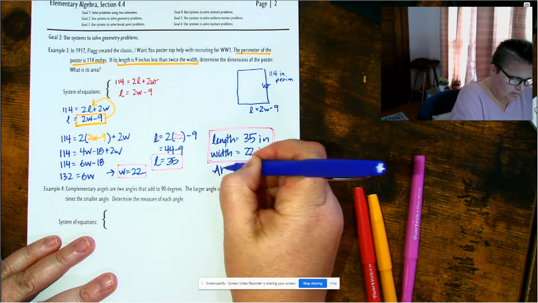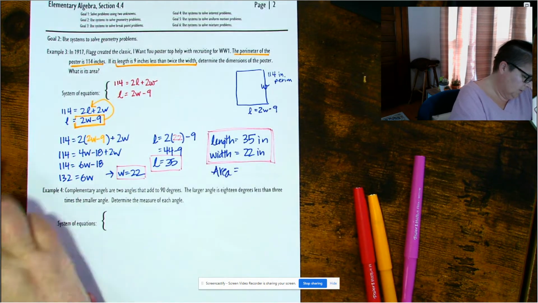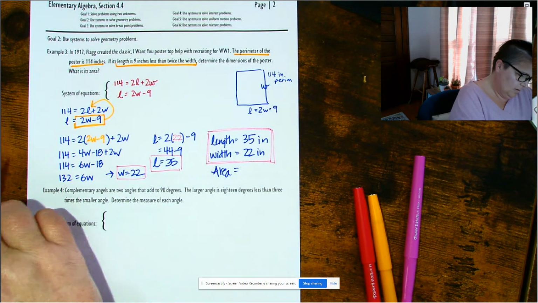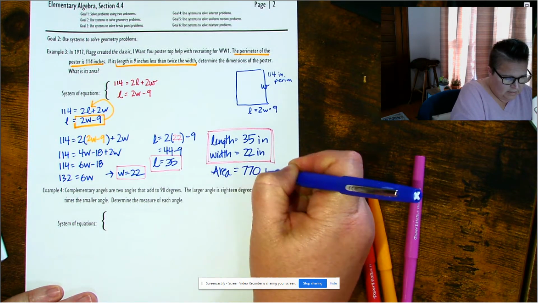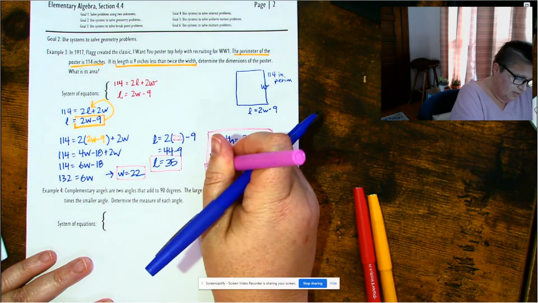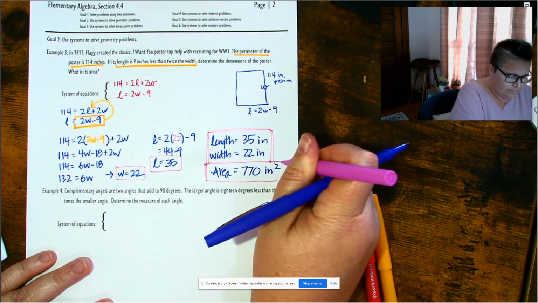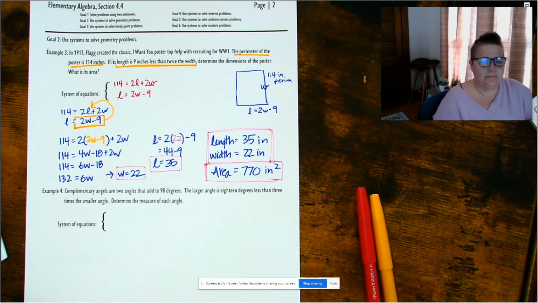The area would be the length times the width, or 770 inches squared. Always make sure you're answering all the questions they give you, because sometimes they ask an additional question and it's like, ugh, I'm going to miss that one.